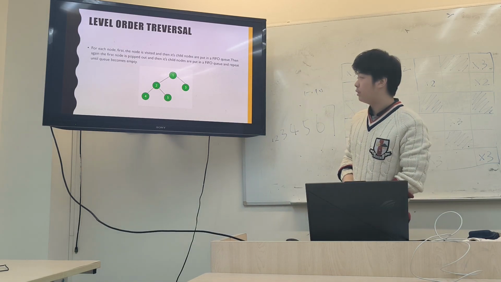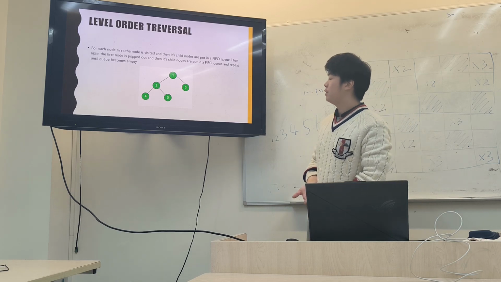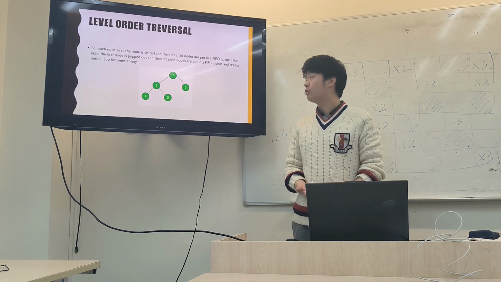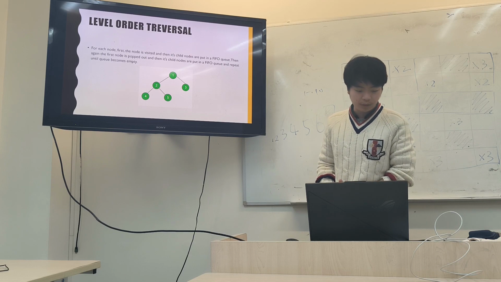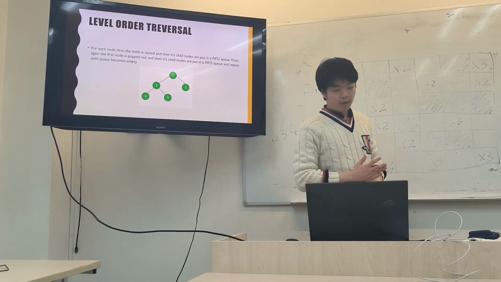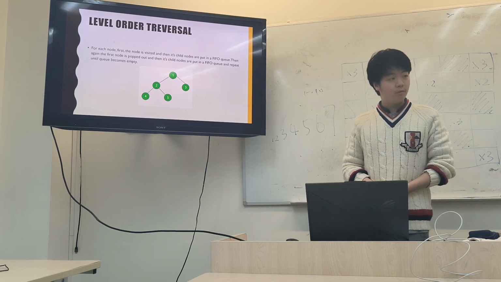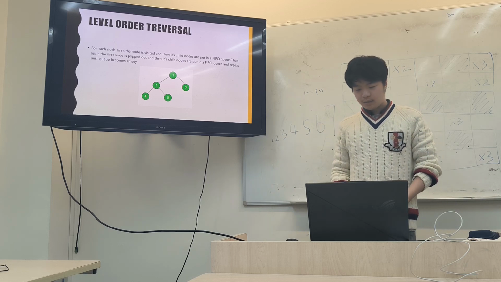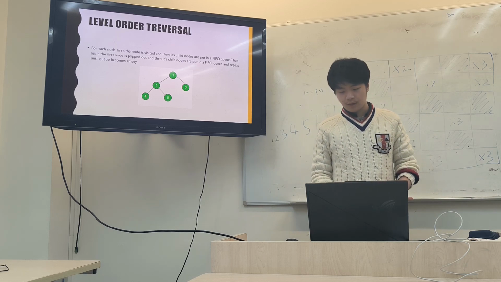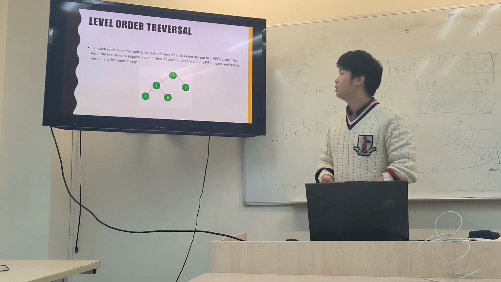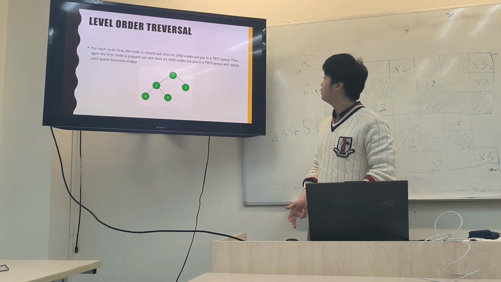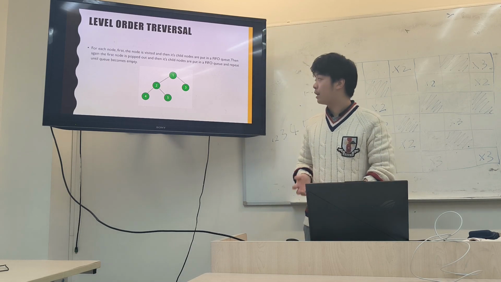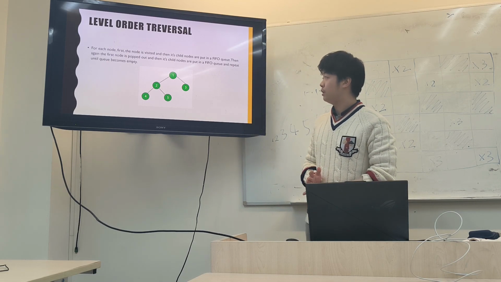So next we'll talk about a sometimes used traversal technique. It is called level order traversal. For each node, first the node is visited, and then its child nodes are put in a FIFO queue. We talked about queues last time. Then again we visit the first node.